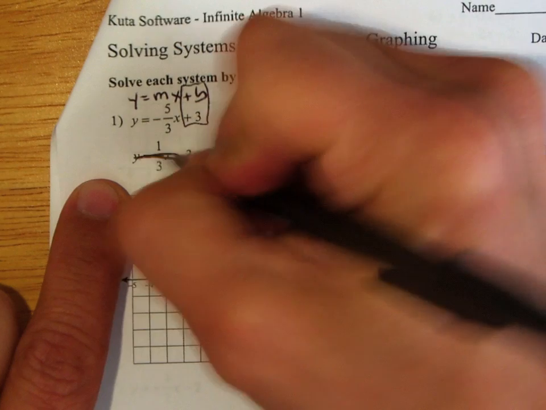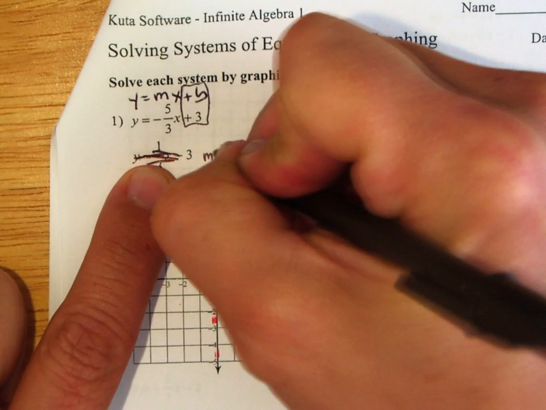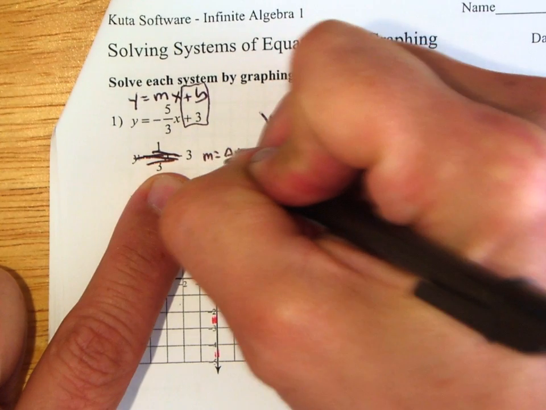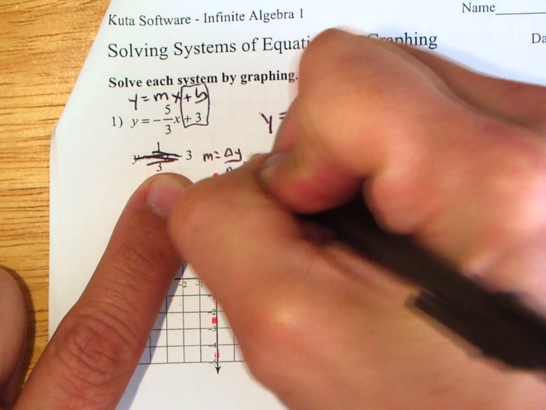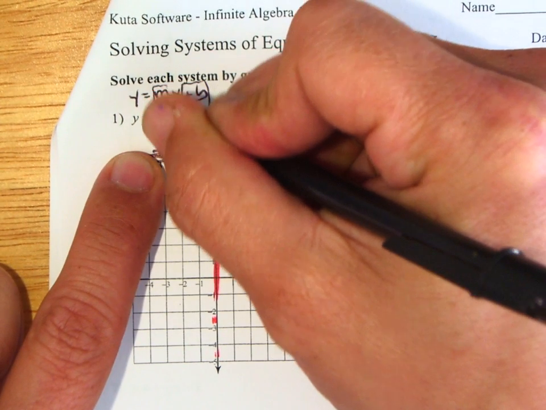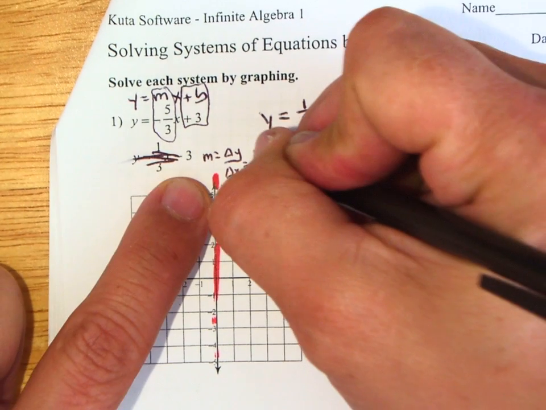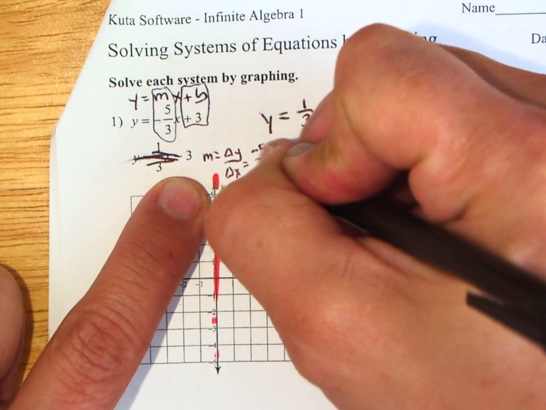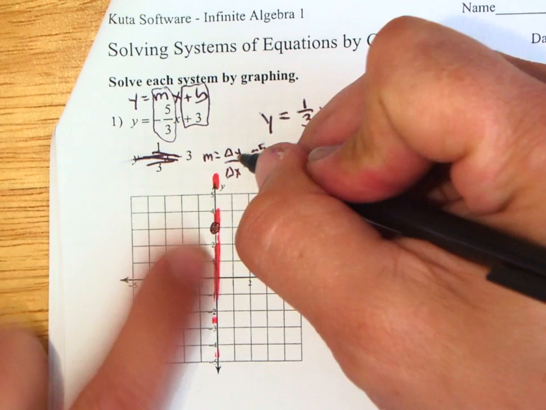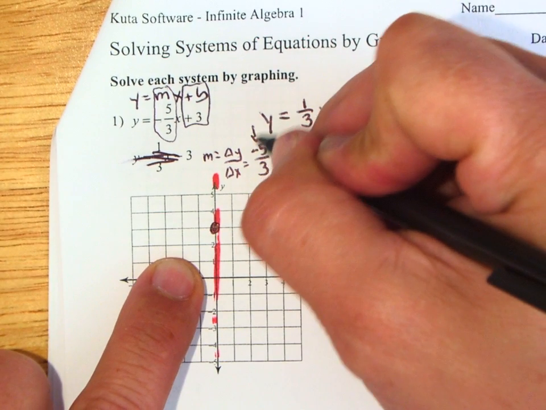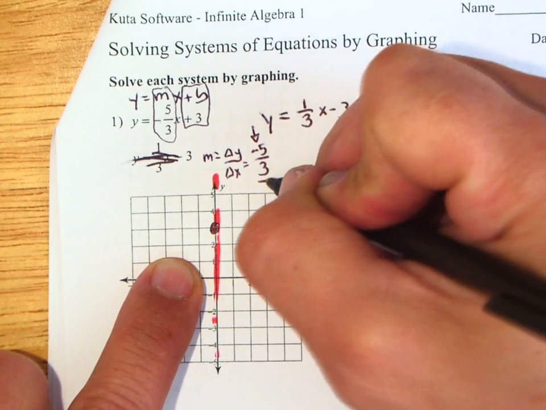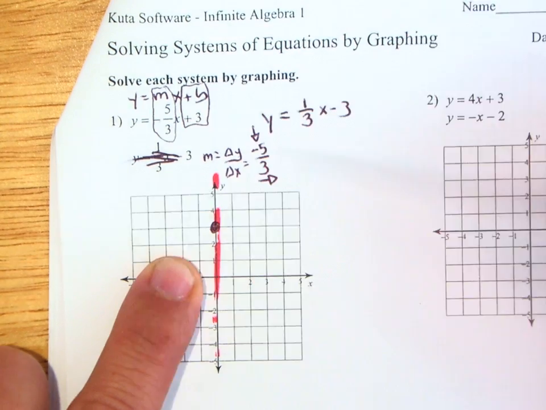And make sure that you write your m. Remember, it's the change in y over the change in x, which is your m. It is negative. There's only one negative, so I like to put it on the top, negative 5 over 3. So remember, the change in y is going down, and then the change in x is going to the right because it's positive.